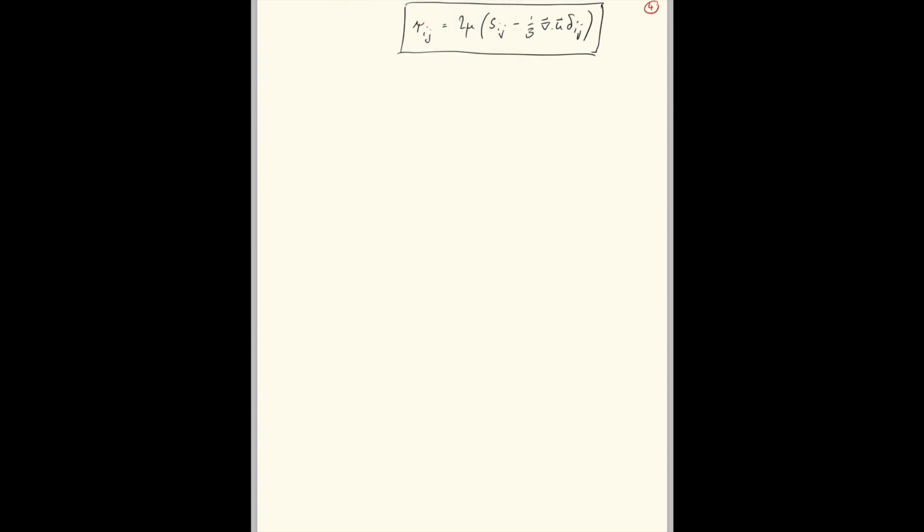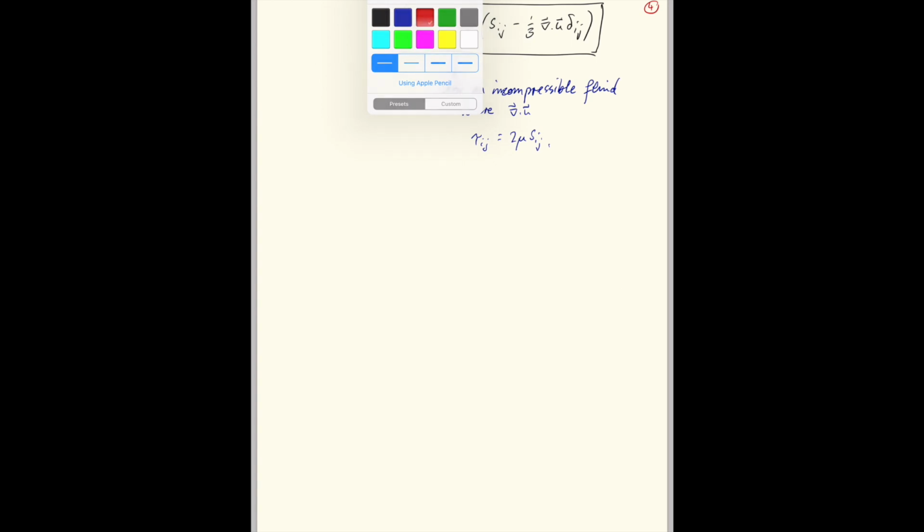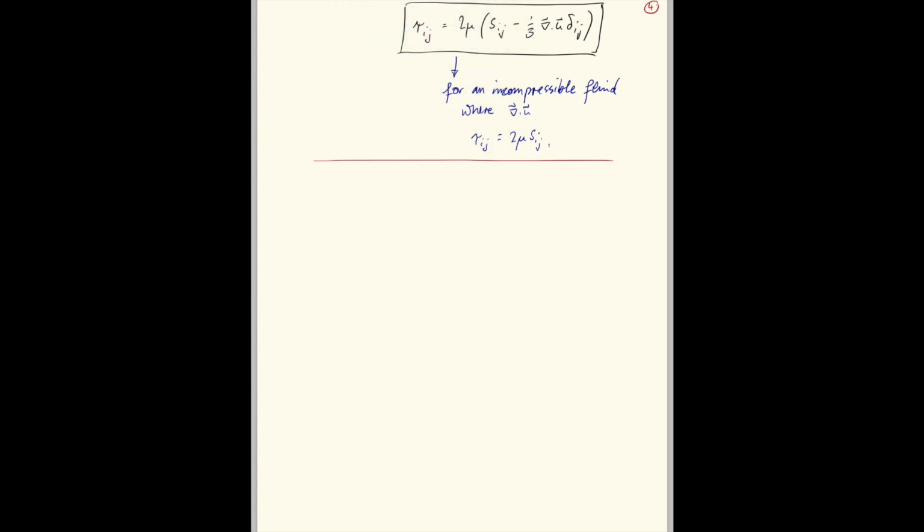And for an incompressible fluid, where the divergence is 0, we're just left with tau ij is 2 mu Sij. And this should be familiar to us from one of the first lectures that we had, because it is just Newton's law of momentum flux, relating the stress tensor with the viscosity mu to the strain rate.